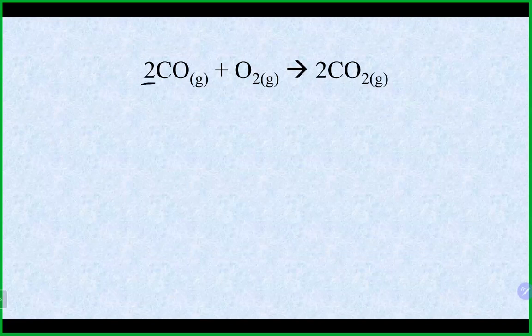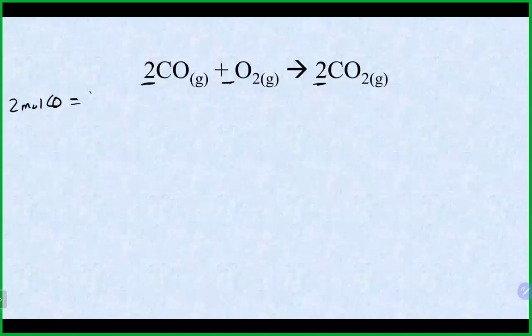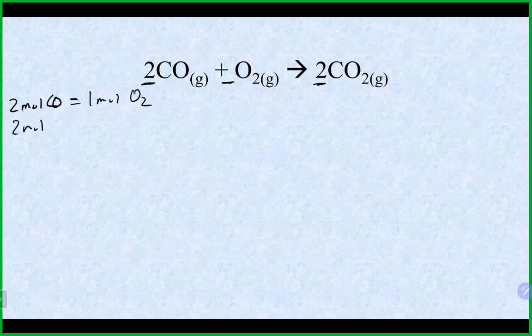And again, here, we're just looking at the coefficients. So from this equation, we could say there are 2 moles of CO2, CO, gives us 1 mole there of O2. We could also say that for every 2 moles of CO we put in there, we get 2 moles of CO2 out.